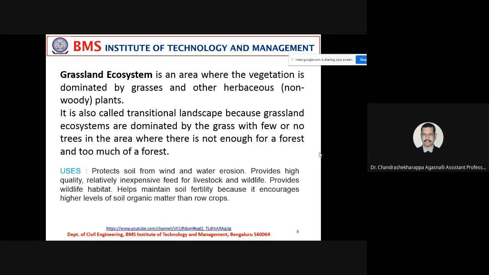So when the soil and water are not protected, definitely there will be a lot of problems. See, the best example is Kodagu, even recently and last year also, due to heavy rain, there was a lot of erosion.